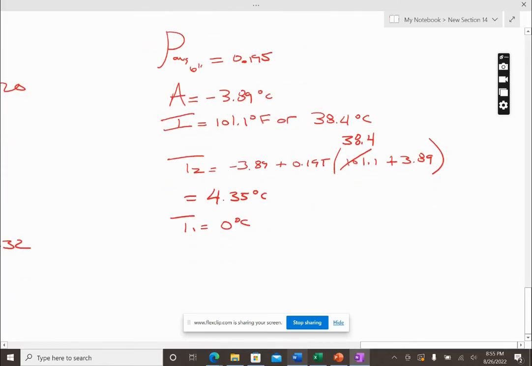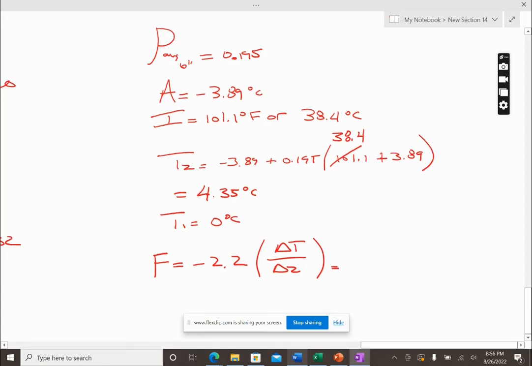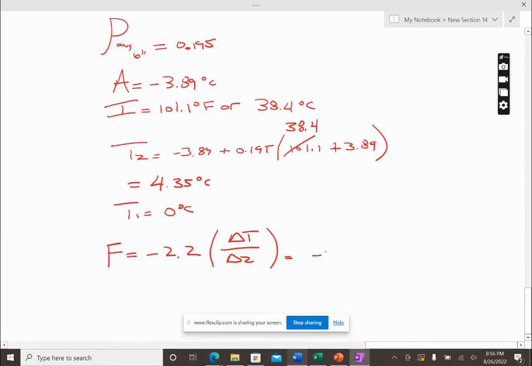Therefore, the heat flux. So we're going to measure heat flux. The actual value is negative 2.2, and delta T over delta Z equals T1 minus T2, so it's negative 2.2 watts per meter Kelvin times 0 minus 4.35 divided by 0.1514 meters.